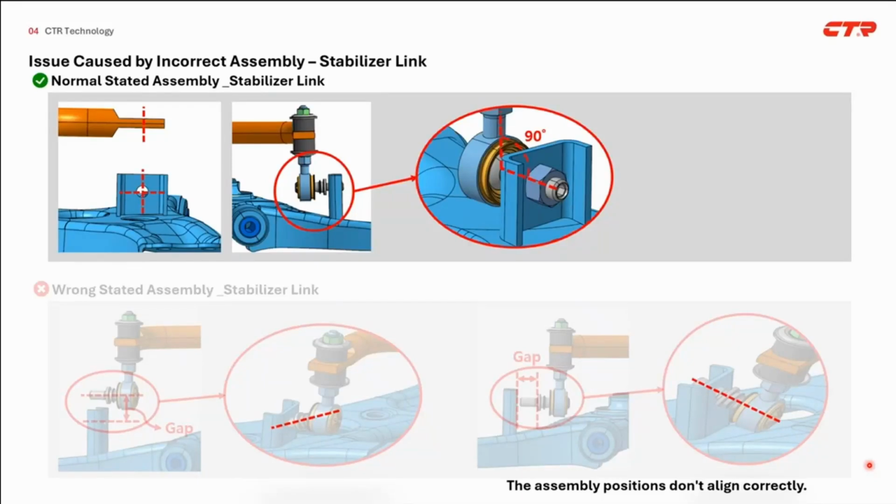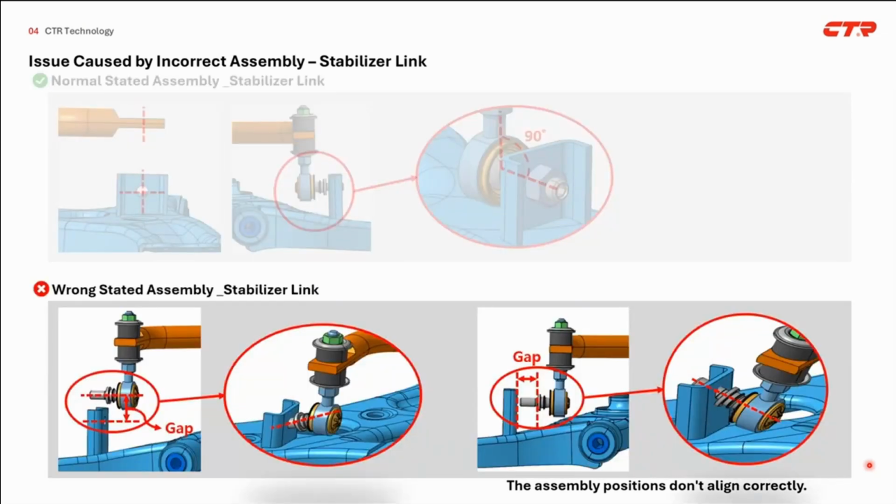On this page, let's look at the normal and wrong assembly related to the stabilizer bar. As shown on the top of this slide, the assembly position of the stabilizer bar and the counterpart matches, and this product is assembled at a 90-degree angle like the right side picture. Whereas we are looking at the left side situation where the assembly positions of the stabilizer bar and control arm don't align vertically.